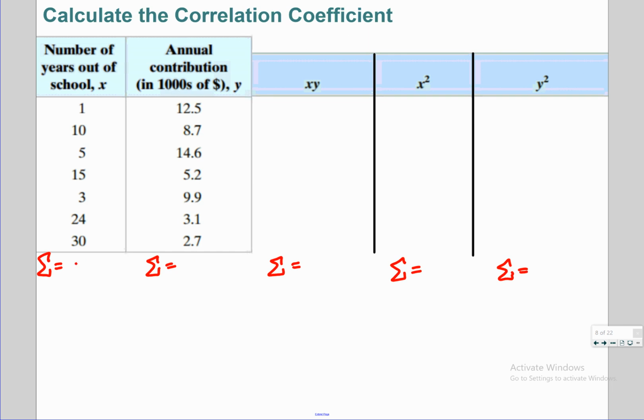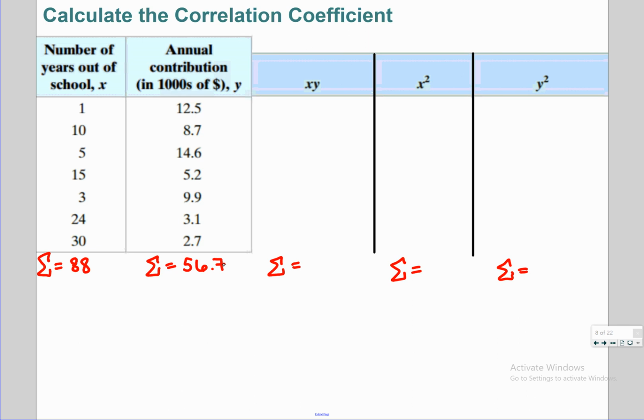And I get 88. Add up all my y's. I get 56.7. Stop me if you see that I did anything wrong there, if I hit a wrong button.